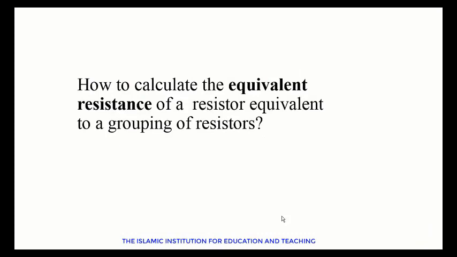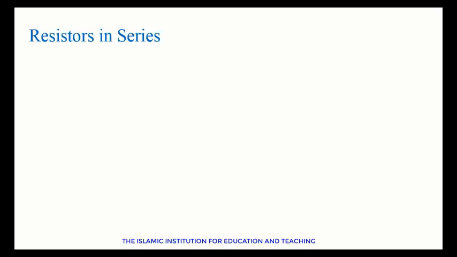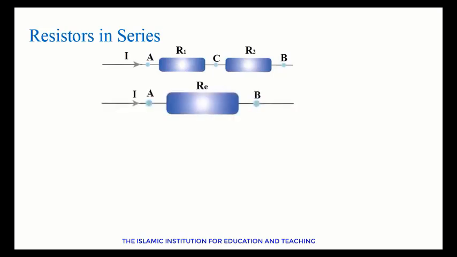Now, how to calculate the equivalent resistance of a resistor equivalent to a grouping of resistors. Let's begin with the first case where resistors are grouped in series. Here we have R1 and R2 grouped in series. RE is the resistor equivalent to this grouping. Since the two resistors are in series, then current I is unique.